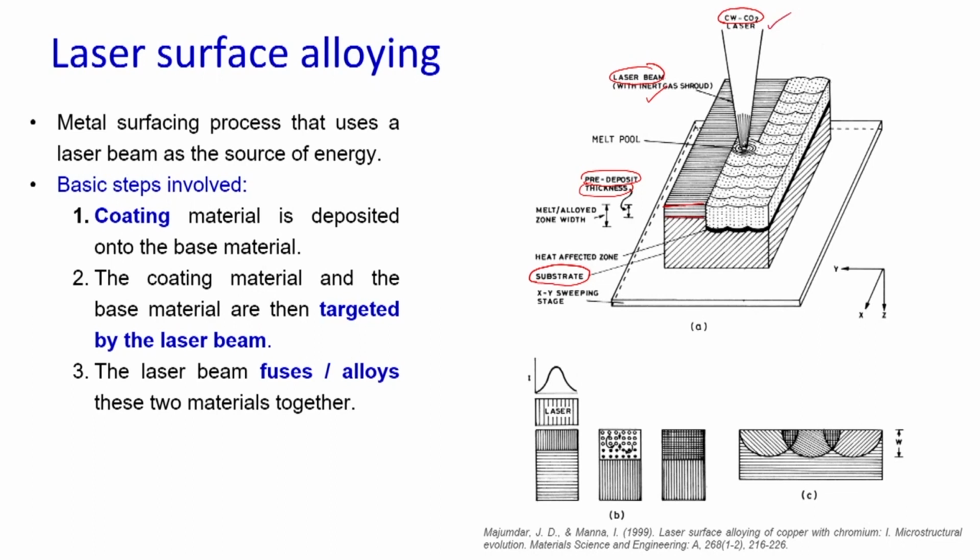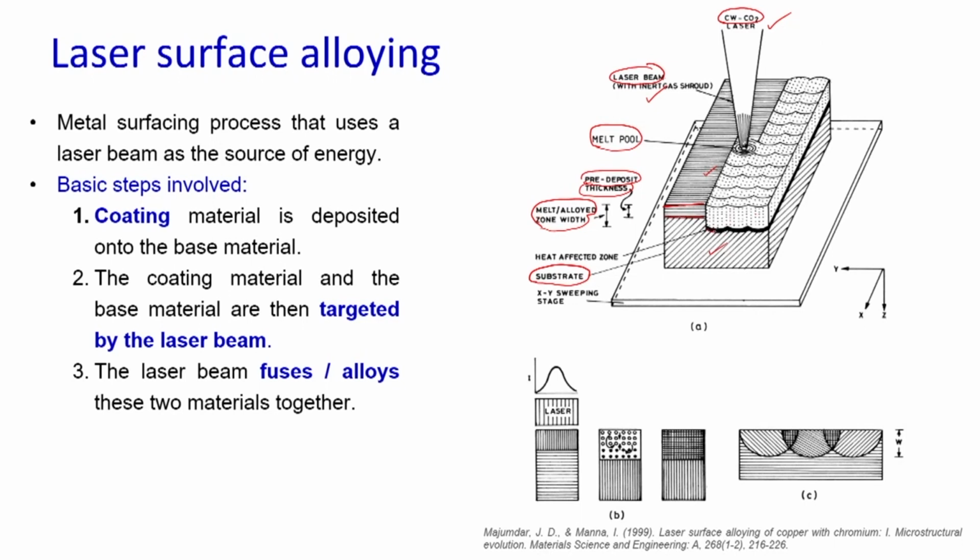Now, what is happening when we apply the continuous wave of CO2 laser? There is increase in temperature and formation of melt pool of the deposited material as well as the substrate material, and there is resolidification of the mixture over the surface.